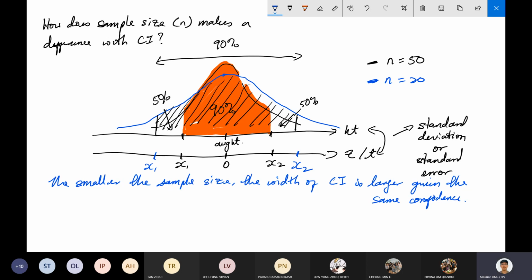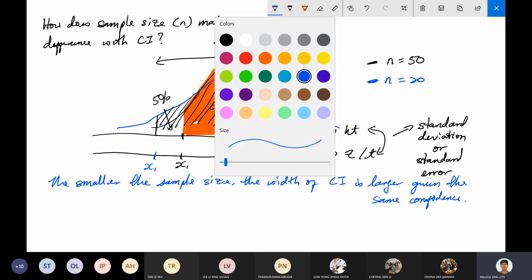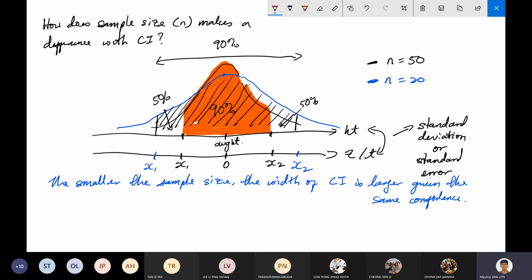Okay, that's one way of looking at it. Another way to look at it is, if you want to keep the range, that means x1, x2 remains the same. So if this still remains the same, that means you reduce the confidence.